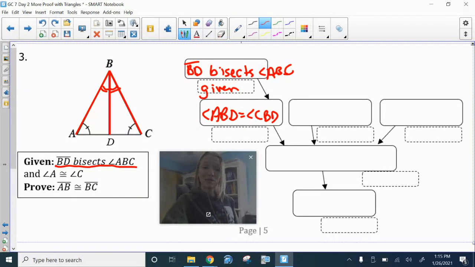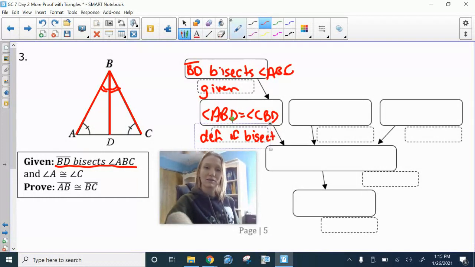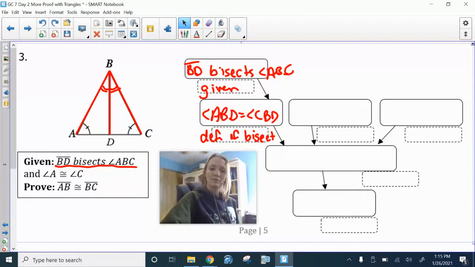Again, it was not given to us that that's true, but we know it's congruent because that's what bisect means. That's the definition of bisect. That's what the word is for, to tell us that things are equal.